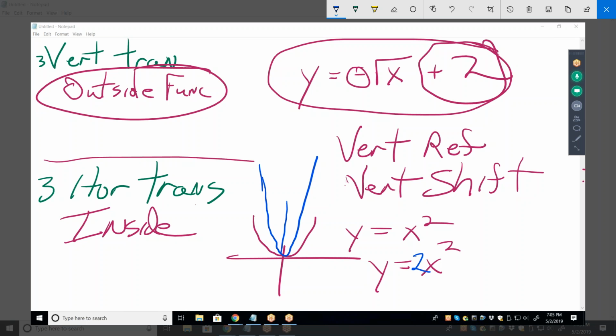Think of a stretch as a rubber band, or a string in this shape that you pull up on both ends of. That's going to change the shape of it, right? So when you change the shape, you're doing a stretch. If you're not changing the shape, you're doing a shift. Shifts are also added or subtracted. Stretches are multipliers.